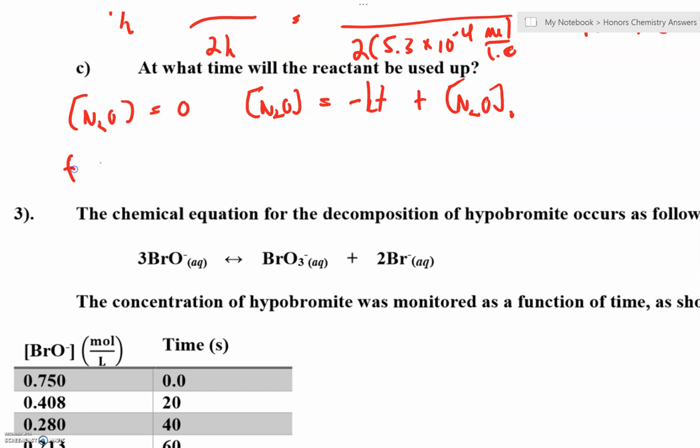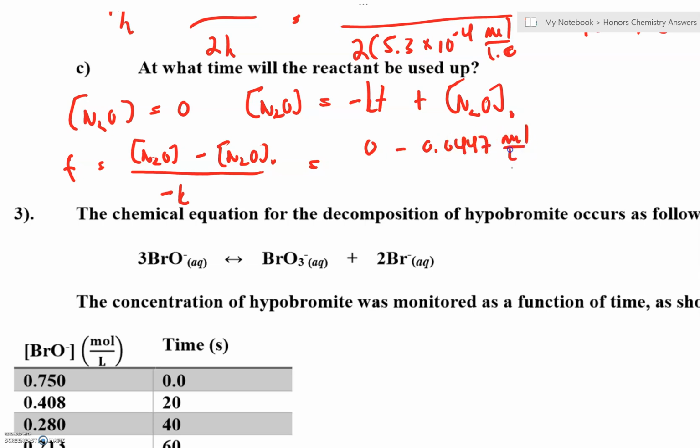And so when we solve for t, it's going to look like this: N2O minus N2O at time 0 divided by, and let's keep the negative sign over here, negative K. Well, when the reaction is used up, the concentration of N2O is 0.